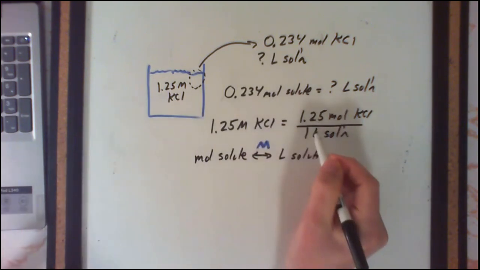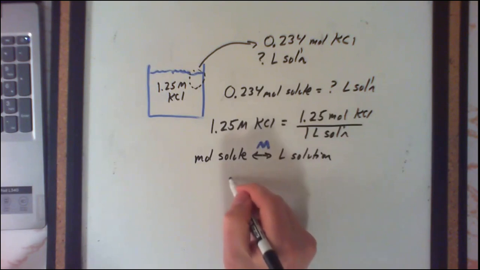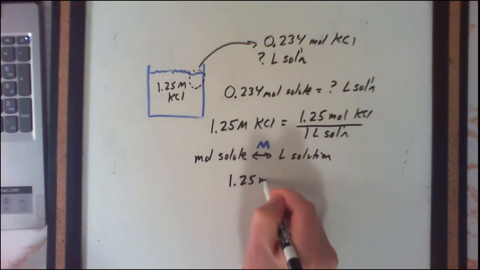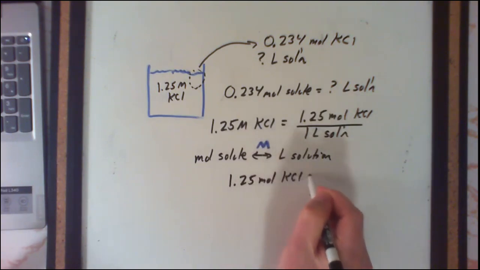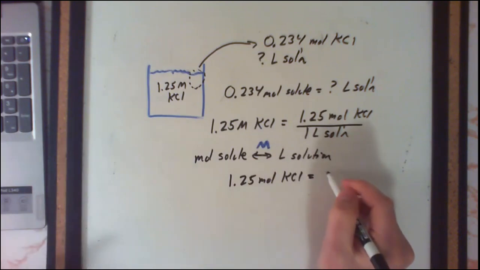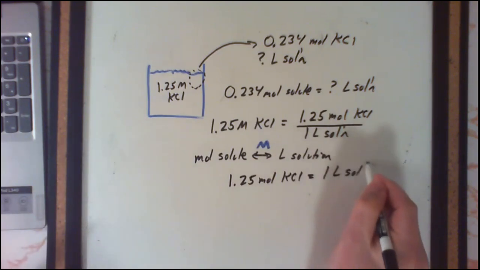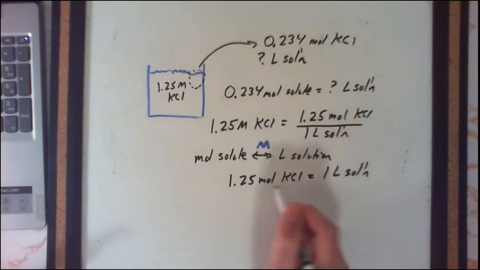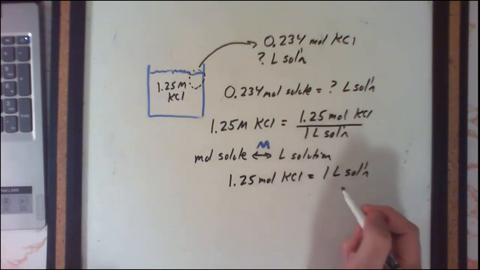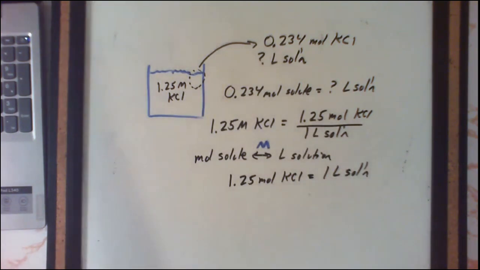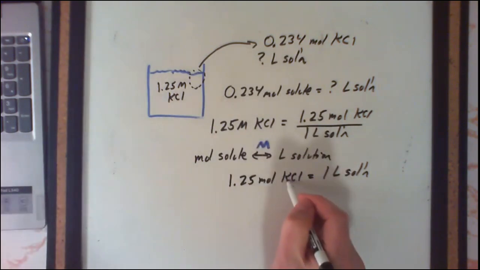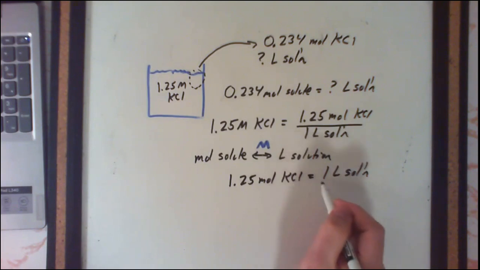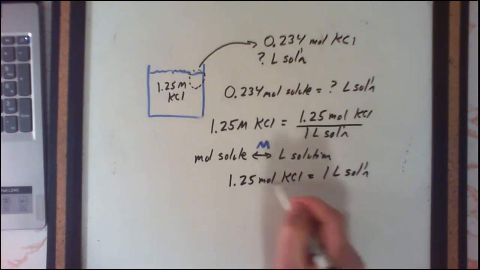Because for this solution, what this means is that 1.25 moles of KCl is equivalent to, in the context of the solution, 1 liter of solution. In the same sense that 1,000 milliliters equals 1 liter, or 16 ounces equals 1 pound. All those relationships are true, and in the context of the solution, this relationship is also true.